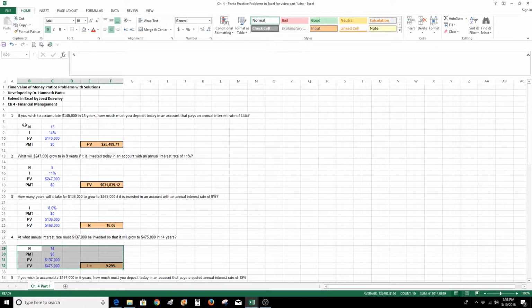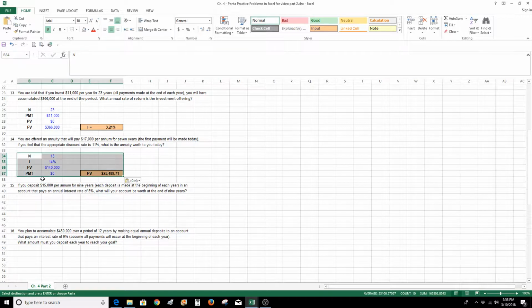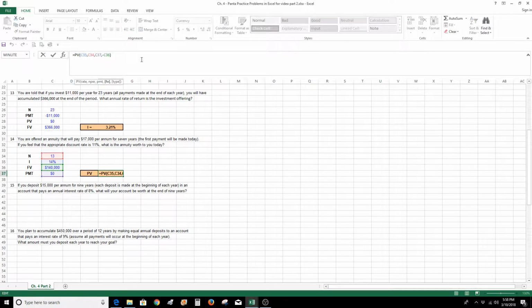So we're going to go out, find a problem with present value, copy that, go back over here and right click and paste. So I want to make sure that I put a comma 1 because this is an annuity due problem.